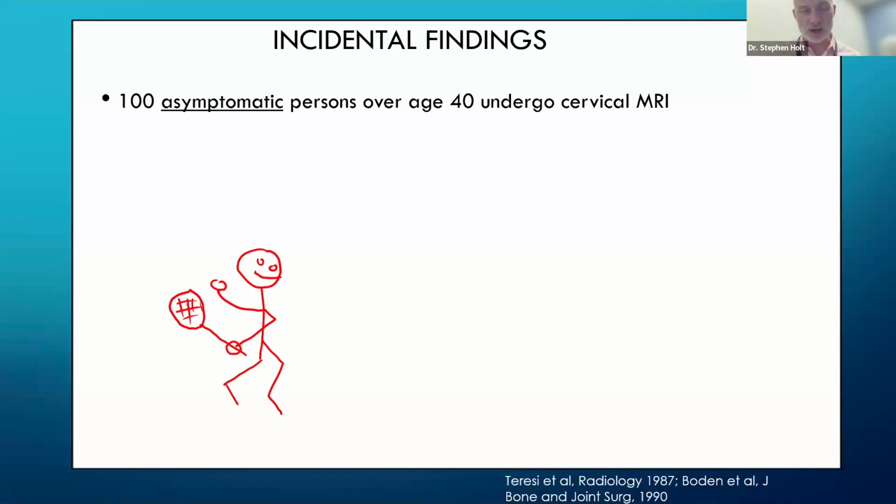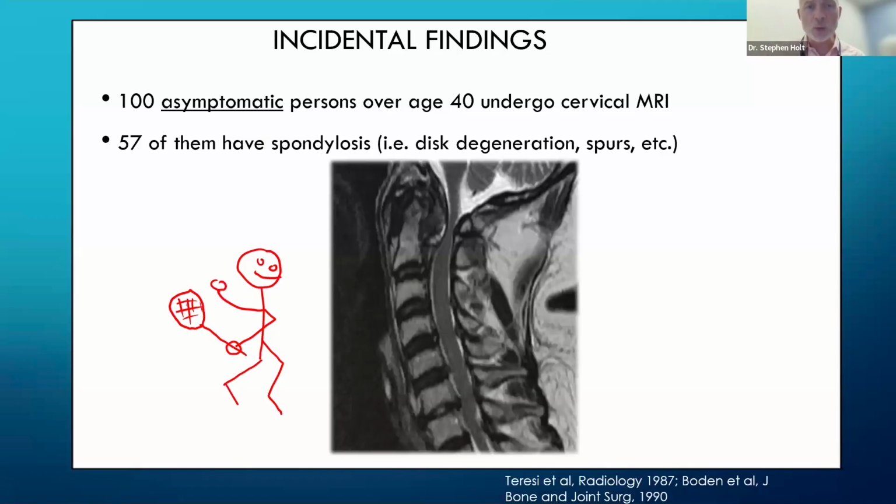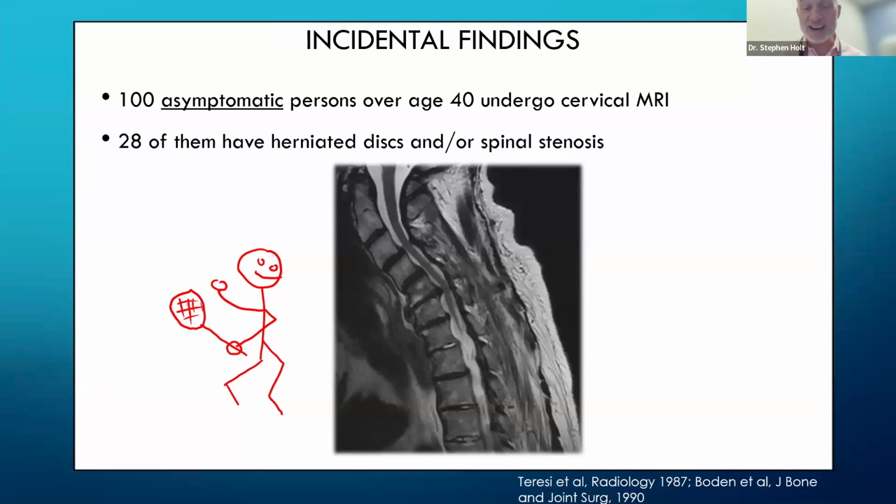You do an MRI on 100 of these people, and lo and behold, 57 of them have cervical spondylosis. That is some evidence of disc degeneration, facet joint arthropathy, bone spurs, things like that. And even worse, 28% of them had evidence of herniated discs and/or spinal stenosis. These are people with no symptoms whatsoever.